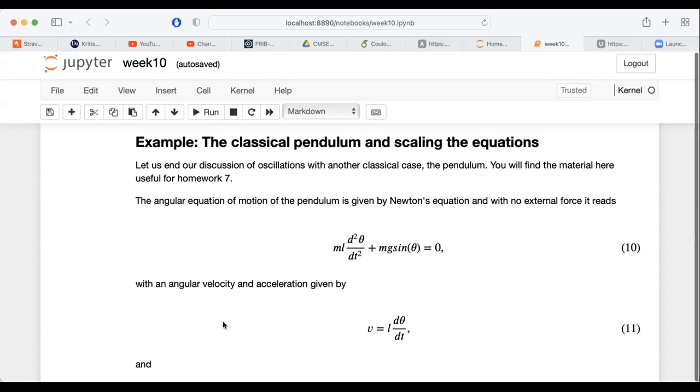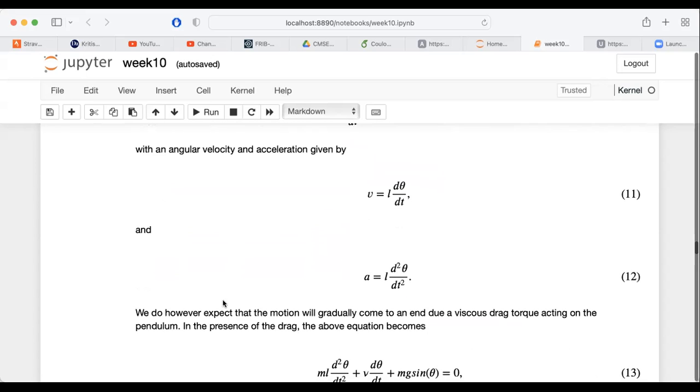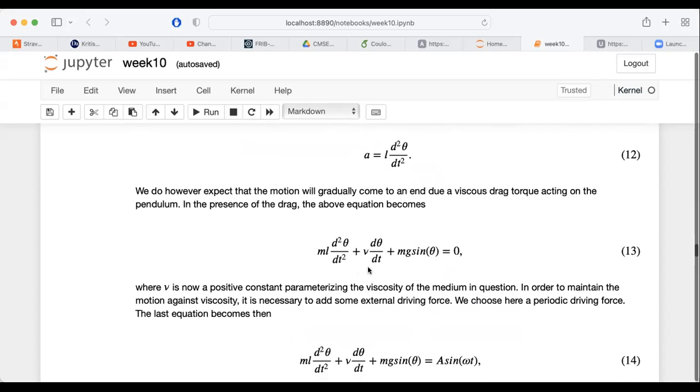And then we can add a term which now contains the acceleration. And we can add a drag term where we have put in the air resistance or some other complicated forces which are at play. So we are modeling the air resistance in terms of something which depends on the angular velocity multiplied with a constant.